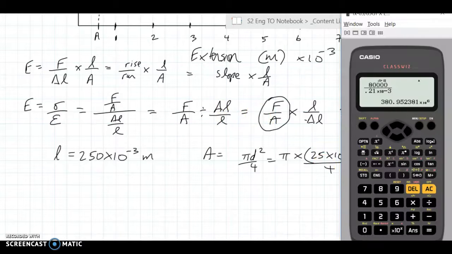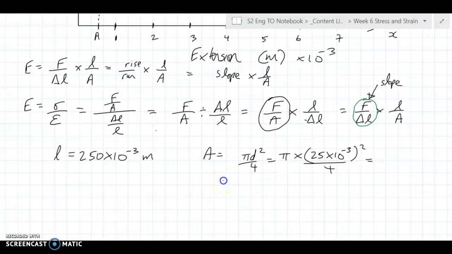We'll put that into the calculator now. So that's shift pi and upstairs, and we'll multiply by our diameter, 25 by 10 to the minus 3, close the bracket, square that, downstairs stick in the 4, press equals, and we get 490.87 by 10 to the minus 6.